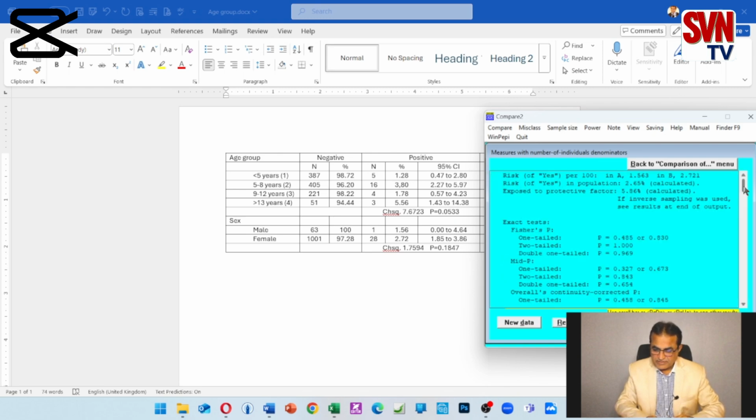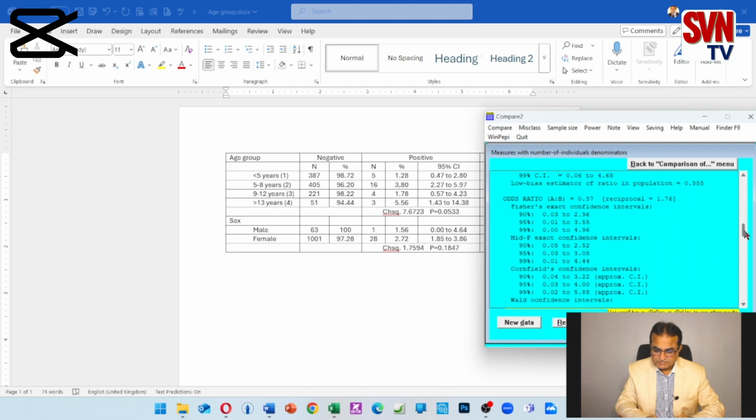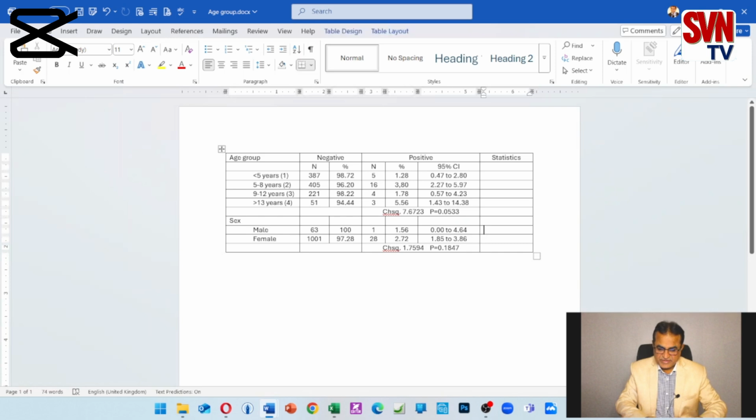Now it will compute the odds ratio. Now here it's 1.76. You can put this odds ratio here, 1.76. Now what does this indicate?